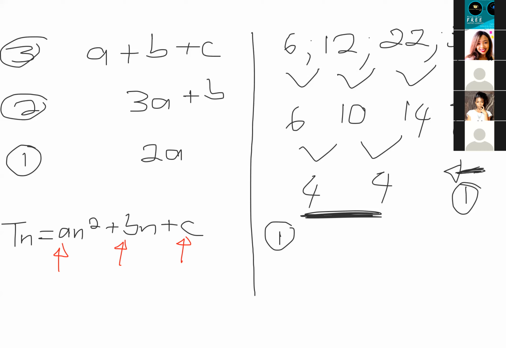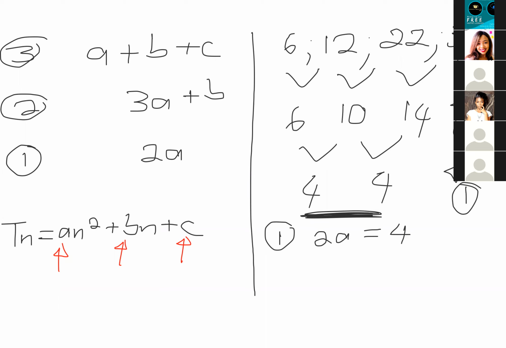And then I go to my row on the left-hand side, which is my 2a. Do you see it? Yes, ma'am. I go to my 2. So I'm going to say 2a is equal to 4. Do you see where I got the 2a and where I got the 4? Yes, ma'am.